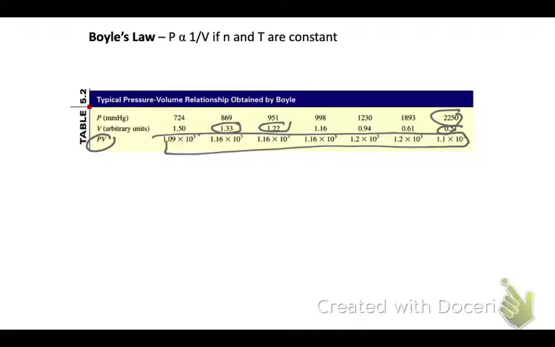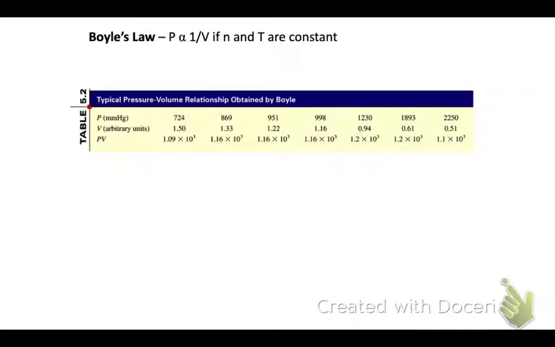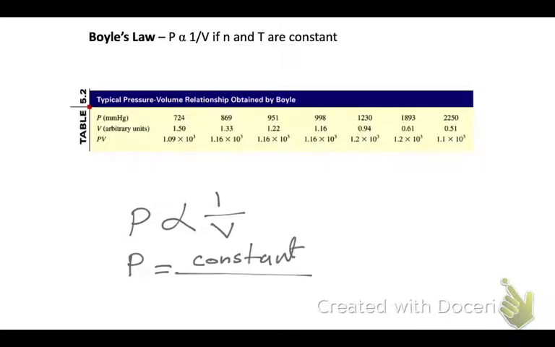So, to understand where this law is coming from mathematically, I am saying there is an inverse relationship between the pressure and the volume. Therefore, if I want to get rid of the relationship sign here mathematically, I should have equal and then put a constant over volume.